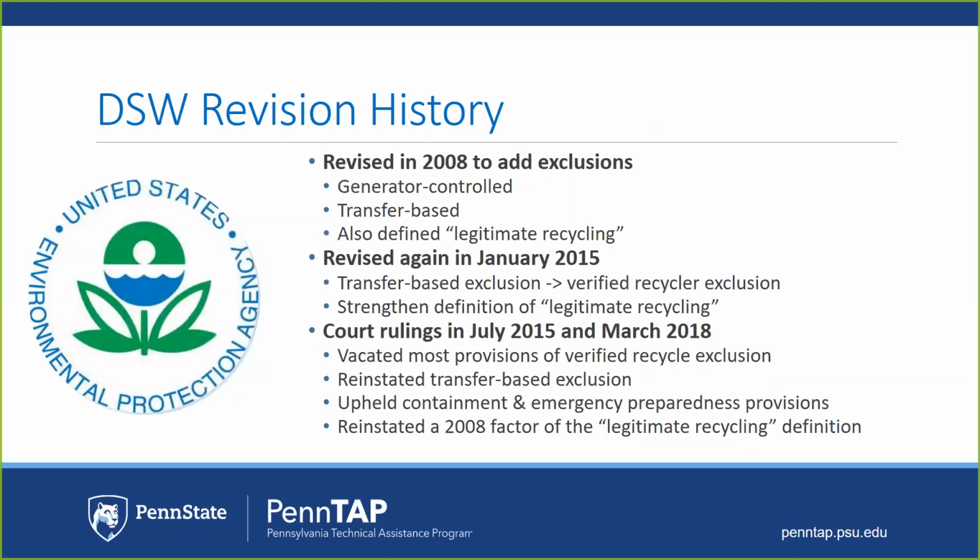The court vacated most provisions of the verified recycler exclusion, reinstated the transfer-based exclusion, upheld the containment and emergency preparedness provisions, and reinstated a 2008 factor in the legitimate recycling definition. In May of 2018, the rule was updated to implement the amended decisions. In the following slides, we will describe the current state of the rule and its exclusions.